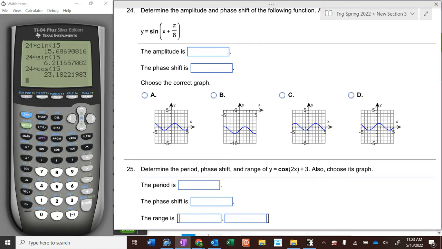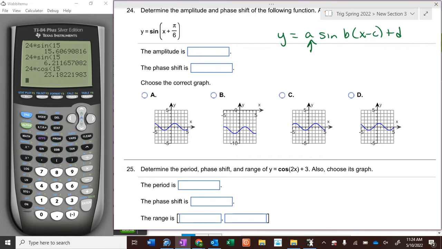So, now, remember, y equals a sine of b times x minus c plus d. Okay? Yep. You're supposed to know that. A stands for the what? It starts with an A. Amplitude.